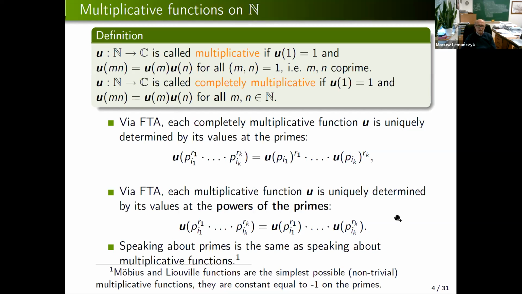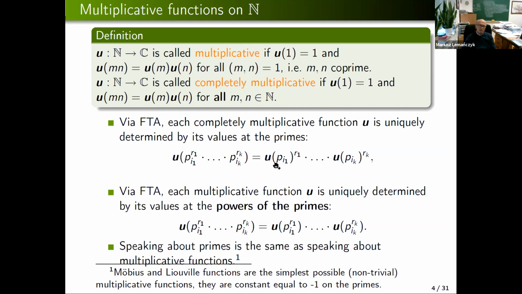If I take a multiplicative function, then it is uniquely determined by its values at the powers of the primes. If you take powers of two distinct primes, then these powers are still coprime, and you can repeatedly apply this definition.